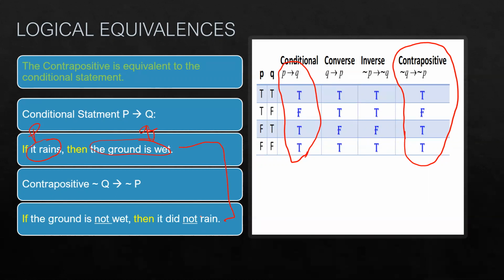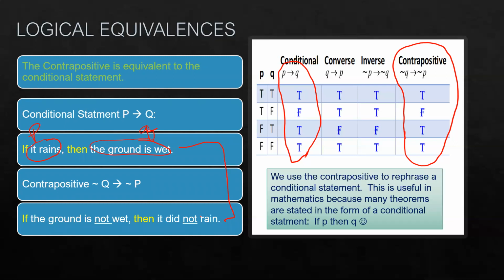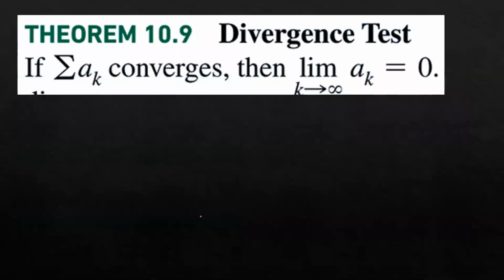Okay, now why is this useful? Because we use the contrapositive to rephrase a conditional statement, and most of the theorems in math are stated using a conditional statement. If this, then that, right? So here is what I mean by the contrapositive being used to rephrase a statement.